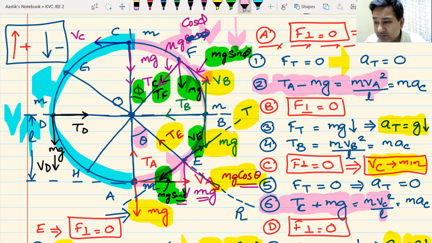We have seen that when you go from A to C, in the pink path, speed decreases. As you come from C to A in the blue path, speed increases. Can you say the same thing about tension? What happens to the tension in the string as you move from A to C? It has got nothing to do with physics, it is simple common sense. What happens to the tension in the string as you move from point A to C in the pink path? Tell me.